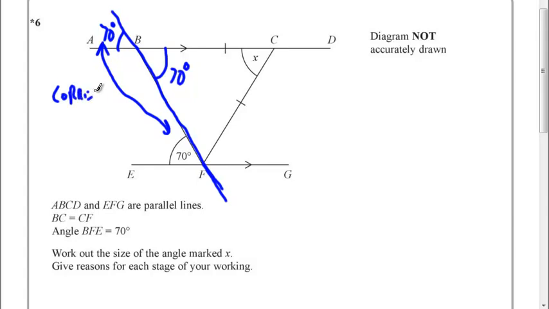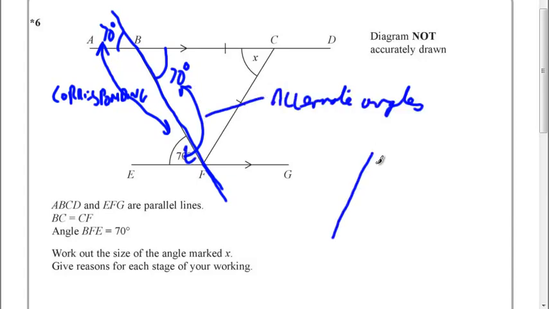They're corresponding. These two are alternate. We've got 2 lines that are the same length, and that is my isosceles triangle. That's the X we're trying to find there. Just turned it around a bit. There's a 70. And as it's isosceles, that must be 70.